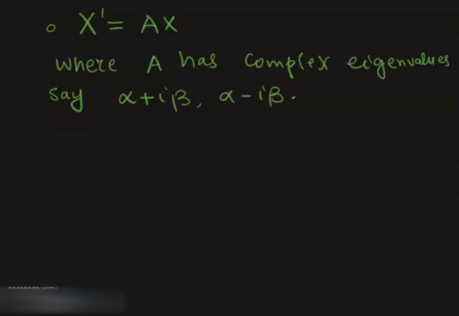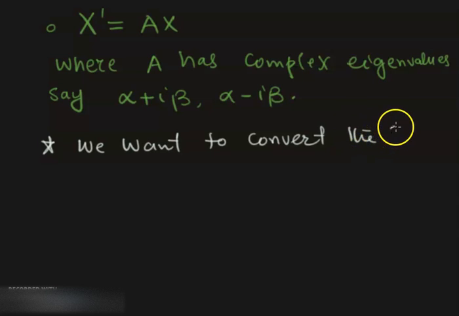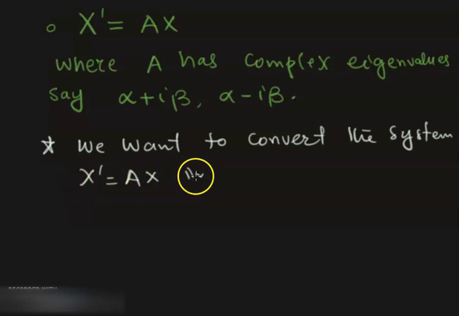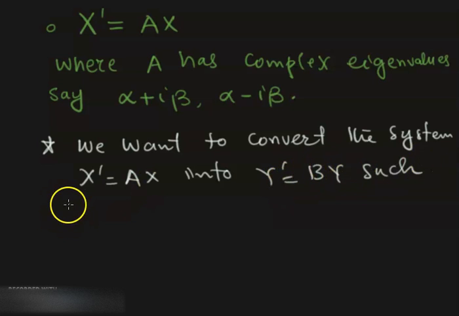And what we want to do is convert the system x prime equals Ax into y prime equals By, such that B is in canonical form.